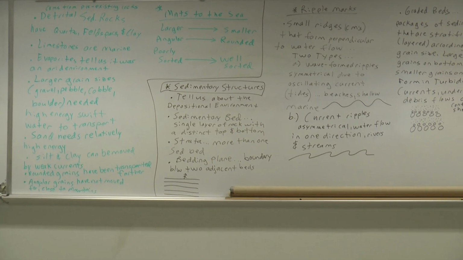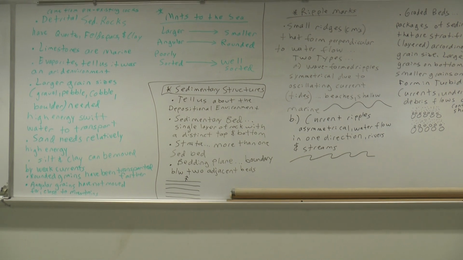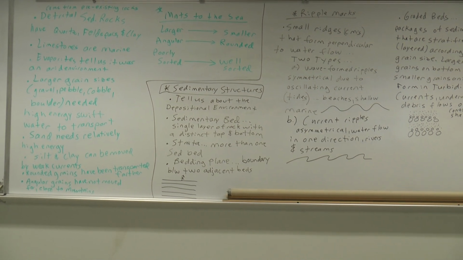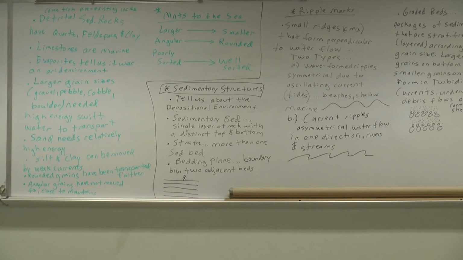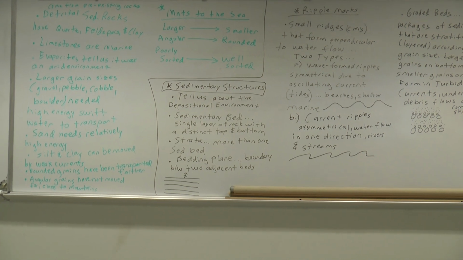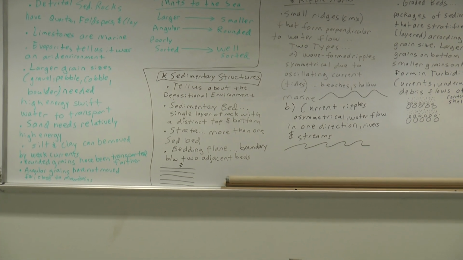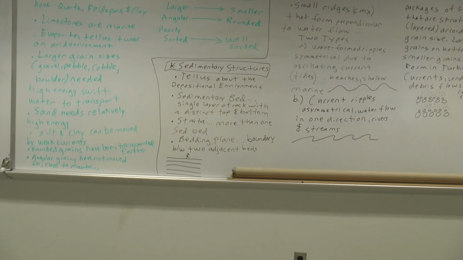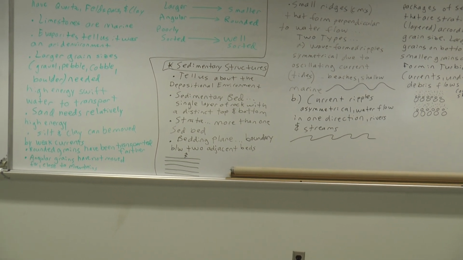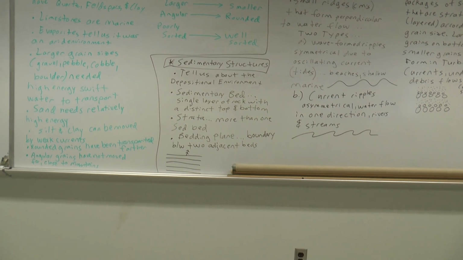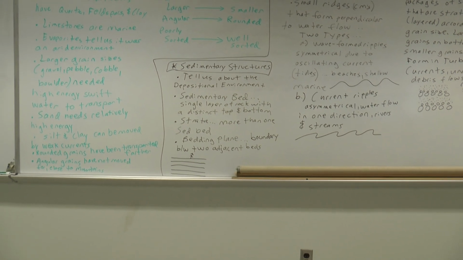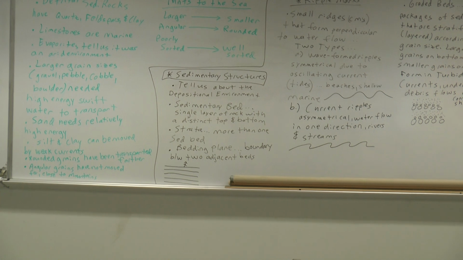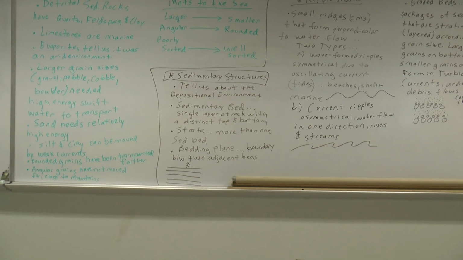A sedimentary bed is simply a single layer of rock with a distinct top and a distinct bottom. It's one layer. If you have more than one sedimentary bed together, you refer to that as strata. And then the bedding planes are the boundaries between 2 adjacent beds. So I have very simple drawings on the board today because that's all we really need, and I'm running out of board space.